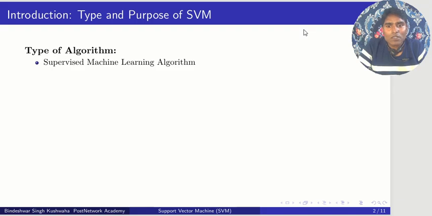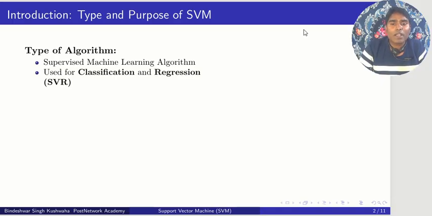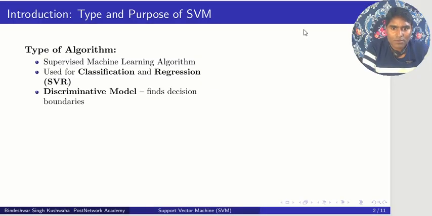Basically, support vector machine is a supervised machine learning algorithm, and it is used for classification as well as regression both, but basically it is used for classification, and that is a discriminative model.